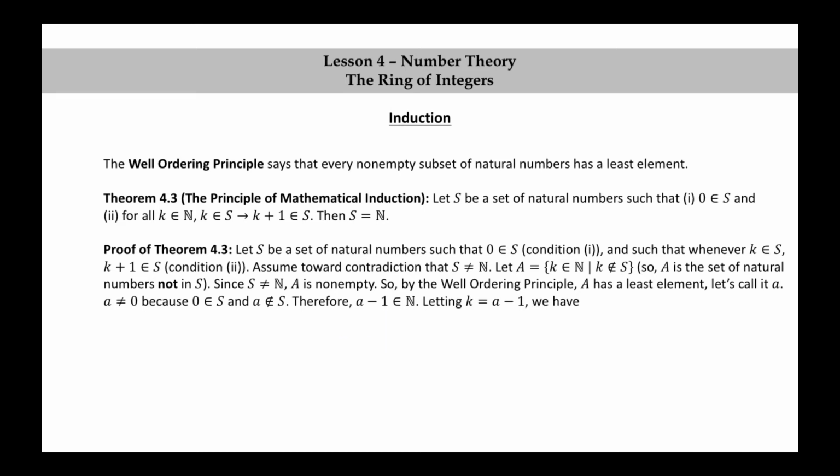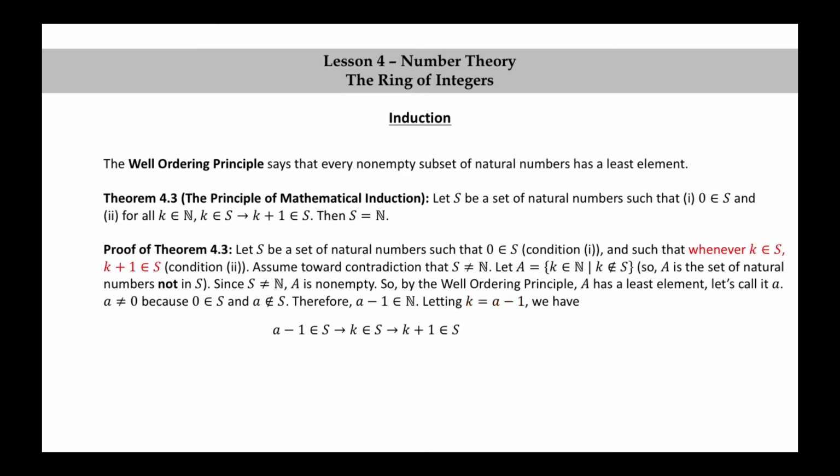Letting k equal a minus 1, we have that a minus 1 is in S. Because a is the least element not in S, since a minus 1 is smaller, it must be in S. So therefore, k is in S, because k is equal to a minus 1. This is just a direct substitution.